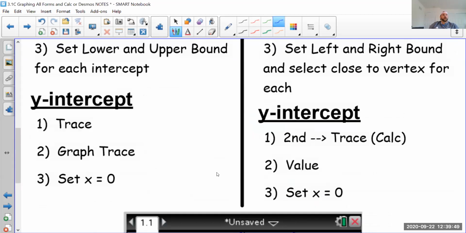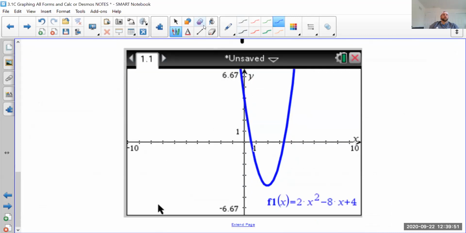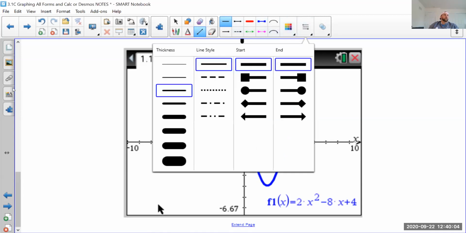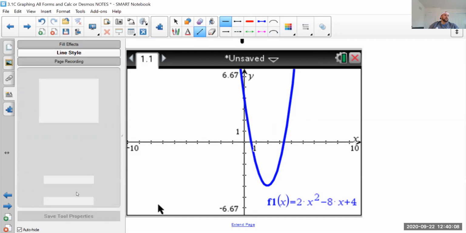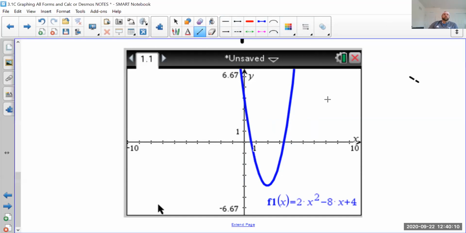Now, what your calculator is going to ask you for is these bounds. This is something that it does a lot. It asks for the lower bound and it asks for the upper bound. What it's asking you to do is basically tell it where the vertex is. So it's saying put these two lines, this lower bound and upper bound, on each side of the vertex.